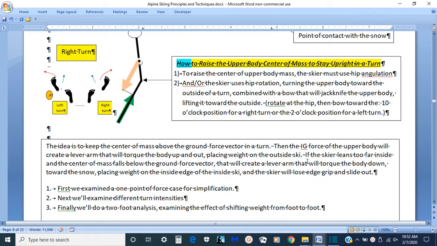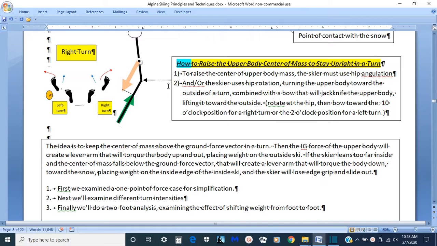If the skier leans too far inside and the center of mass falls below the ground force vector, down here, it's going to create a lever arm that wants to pull you down. That will torque your body down towards the snow, placing weight on the inside edge of the inside ski. You're going to lose edge grip, and then you're going to slide out.